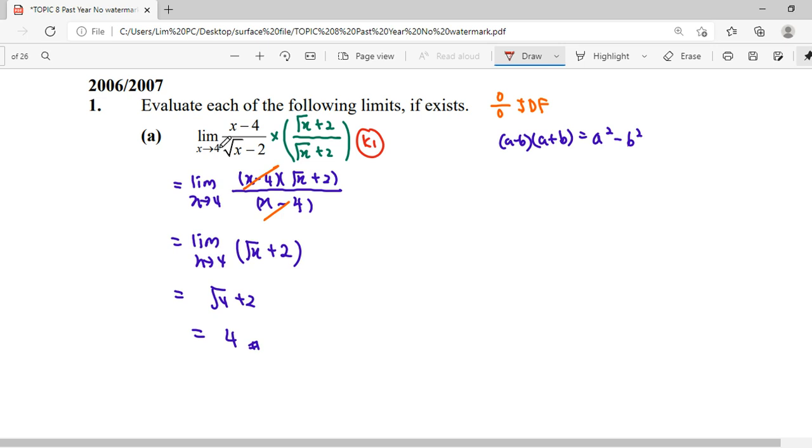The motive is that we can simplify our function and then evaluate the limit by substituting the value of 4. You can see that as long as I didn't substitute the value of 4, the limit notation must be written. Once I substitute inside the surd x, there is no need to write the limit notation.